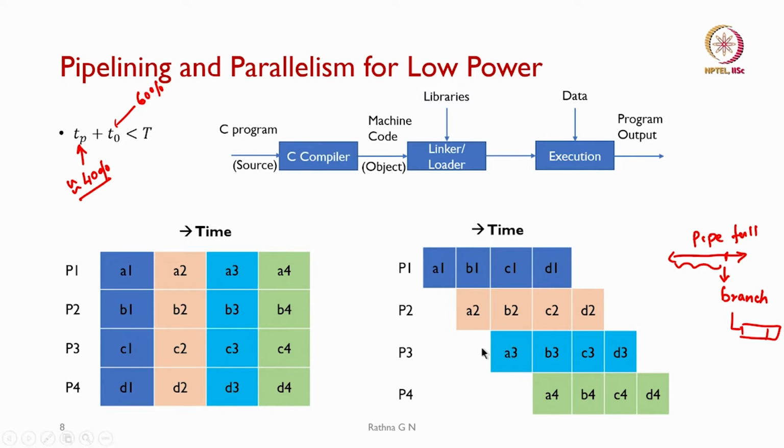So one has to take care that branches are avoided as far as possible, or usually what we do in the assembly program is the delayed branch. That is, we will have the branch here, but we will put some instructions which can be operated, because as I was mentioning, branching takes 5 clock cycles.